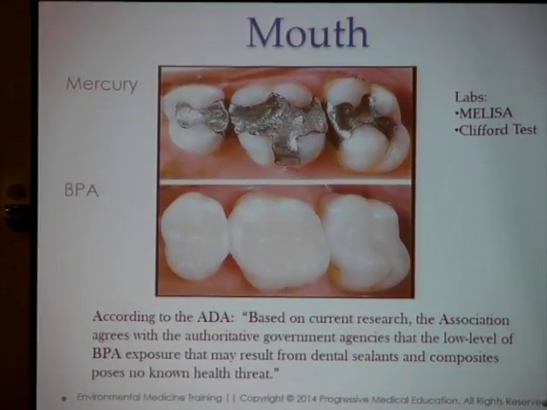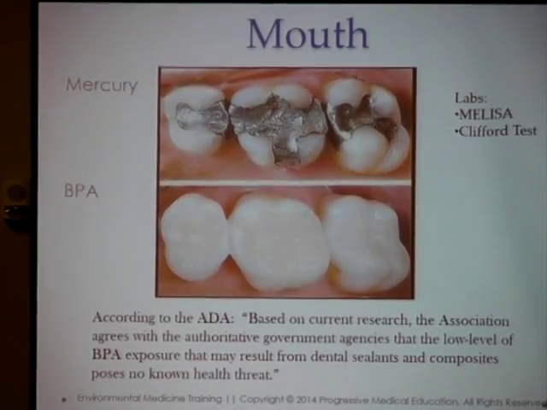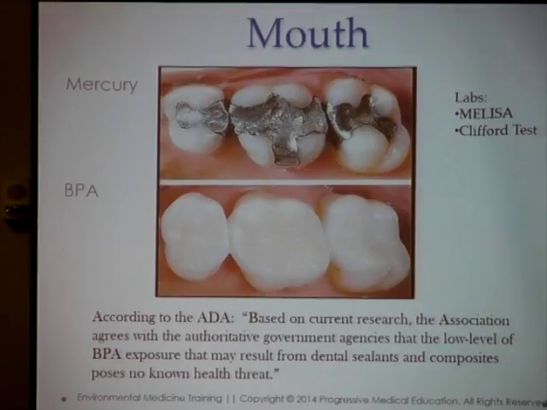Mercury, we know that dental amalgams can be a huge issue, and I don't have to go into great detail for anyone in this group, but we do know that there's certain testing that we could use to identify what replacement we could use instead of mercury, and the dentists in the room can teach that to me.